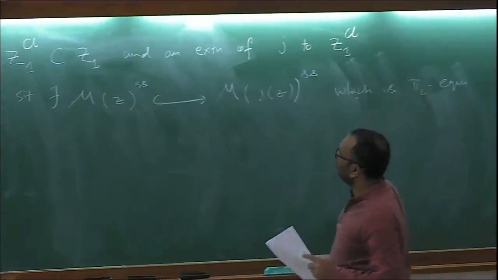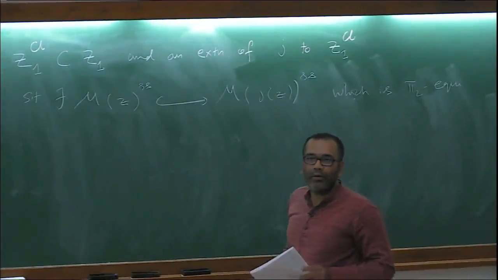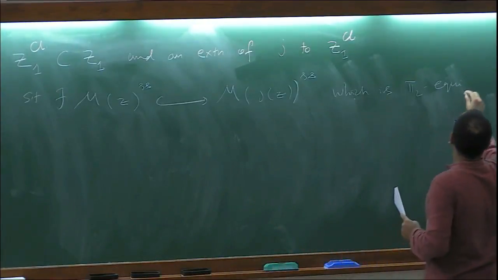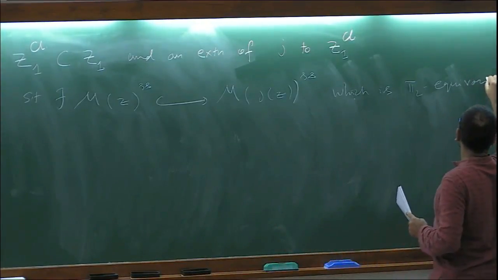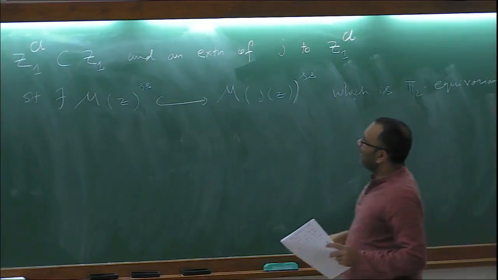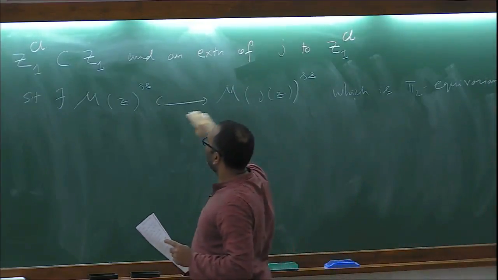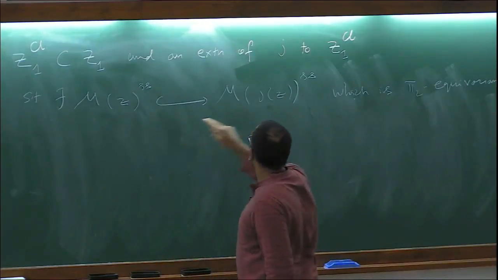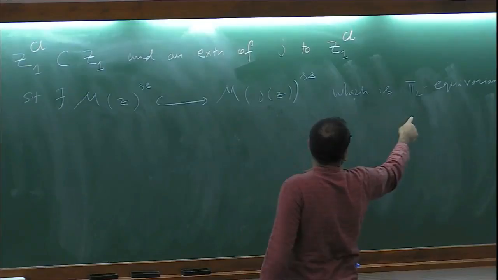So you want an embedding of the stalks, or the semi-simplification of the stalks, from z to J(z), which is equivariant with respect to T2.